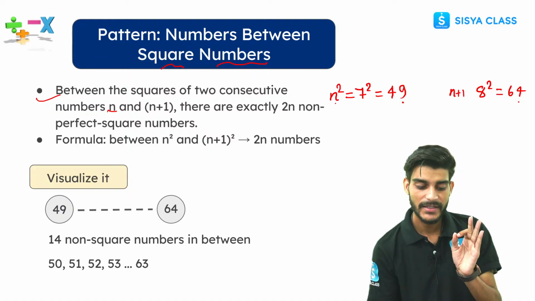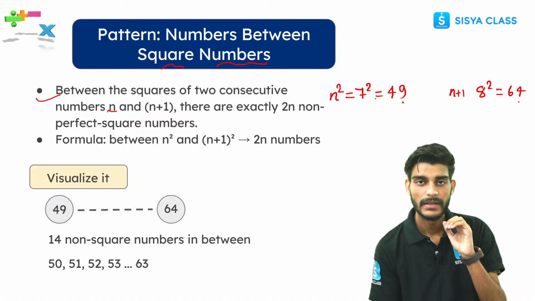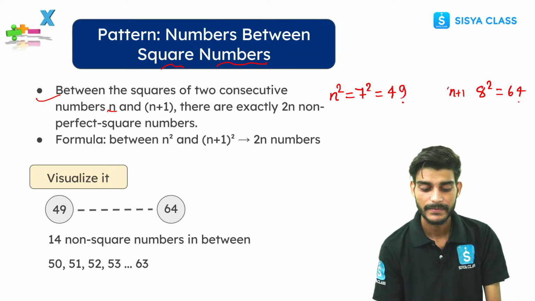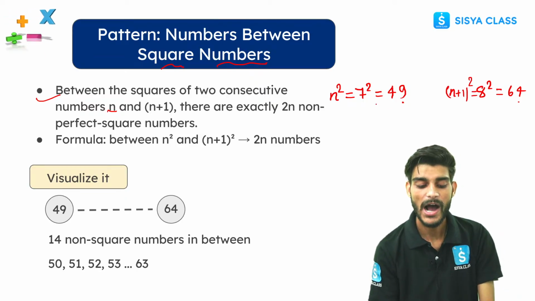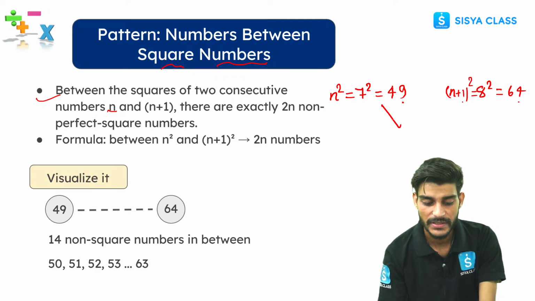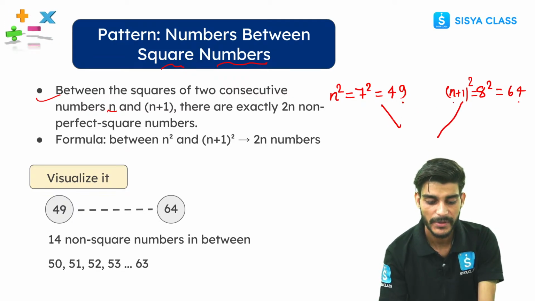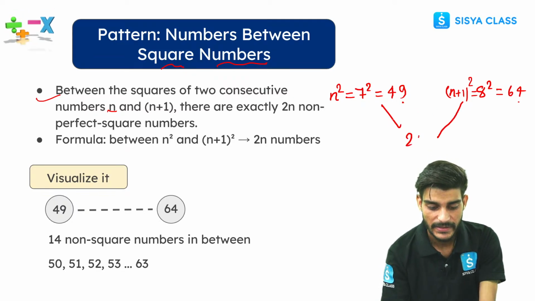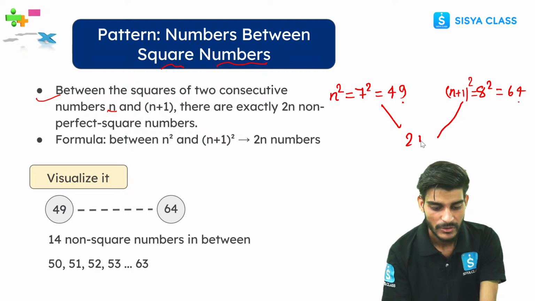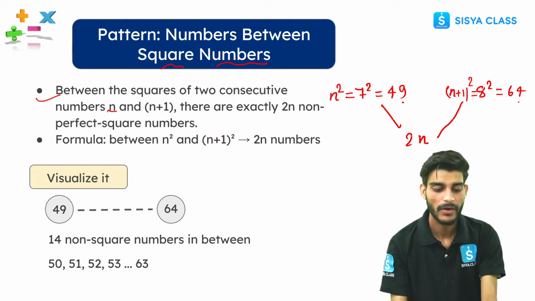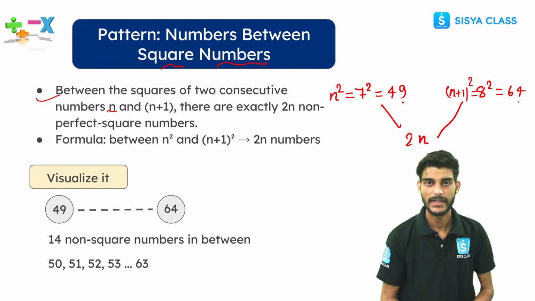If I choose n as 7, n plus 1 is 8. So n plus 1 square is 8 square. So how many non-perfect square numbers appear between these two? Which is basically 2n non-perfect square numbers. Clear to you?